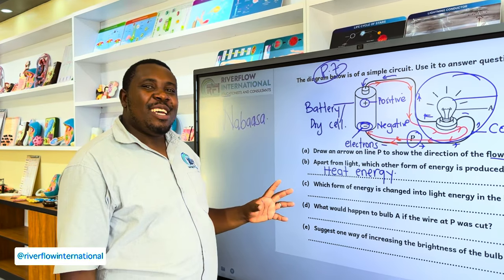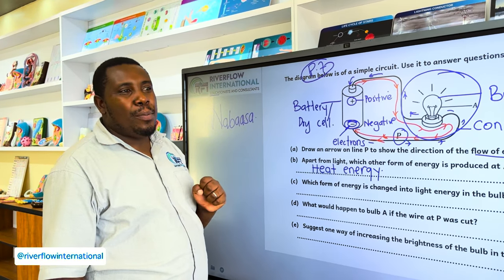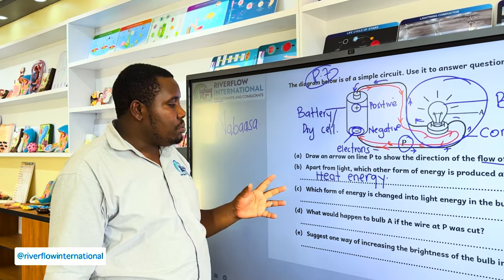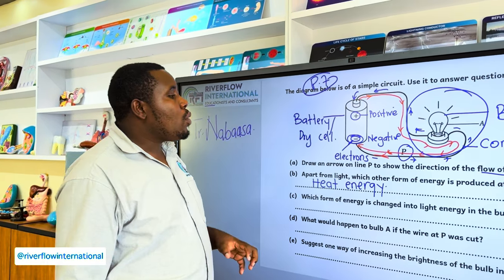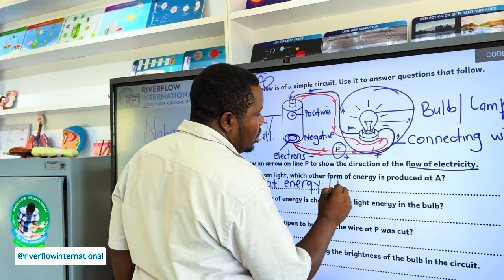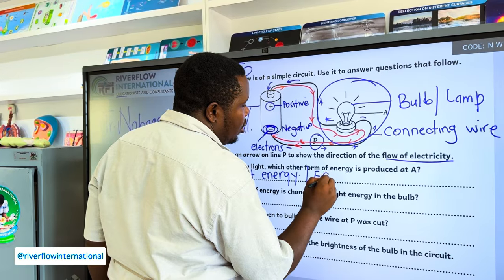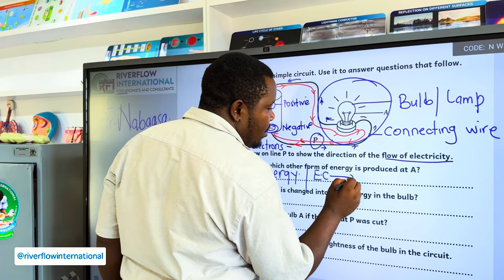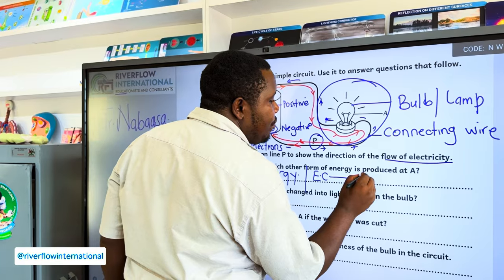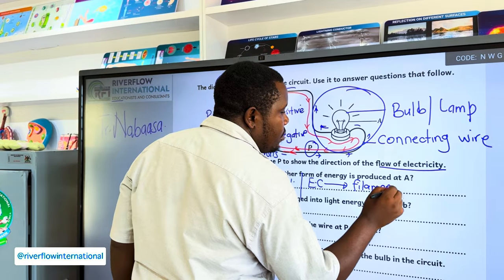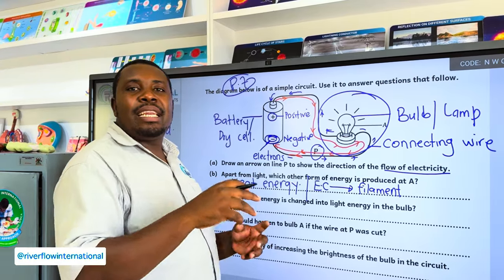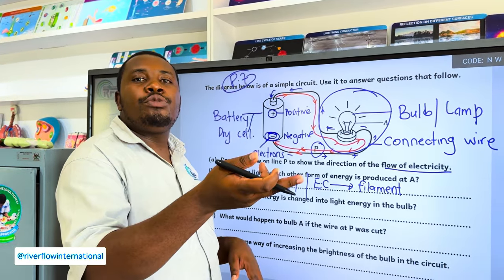And usually, for those of you who didn't know, heat energy in this process is produced first, because when electrical energy comes to the bulb, the bulb filament heats up because the filament does not allow electricity to continue flowing.